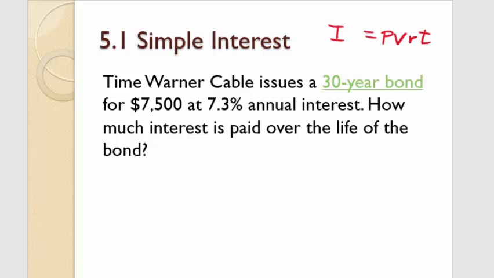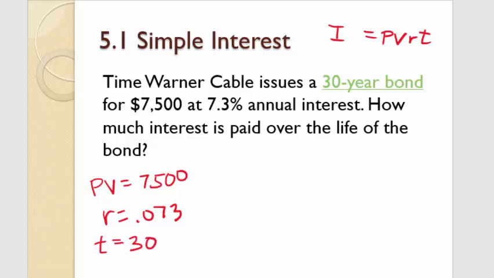And let's pull out the information. So PV equals 7,500. R equals 0.073. We take our decimal point over to the left 2 places to convert that to a decimal. And the time is going to equal 30 because they give us the information in years.